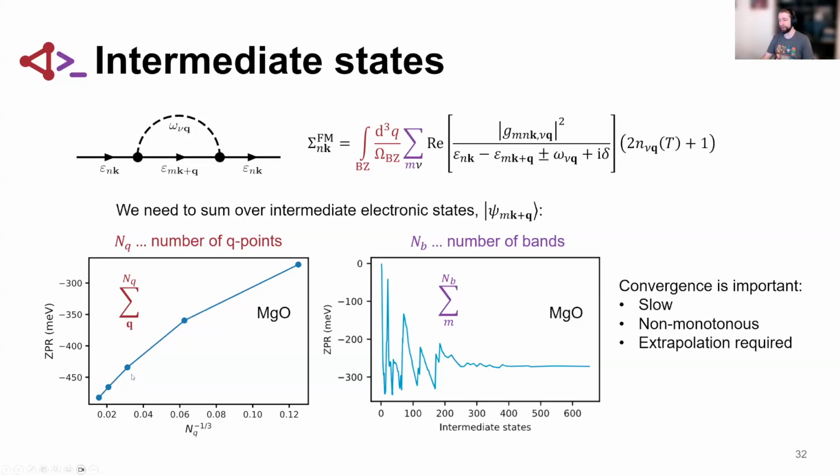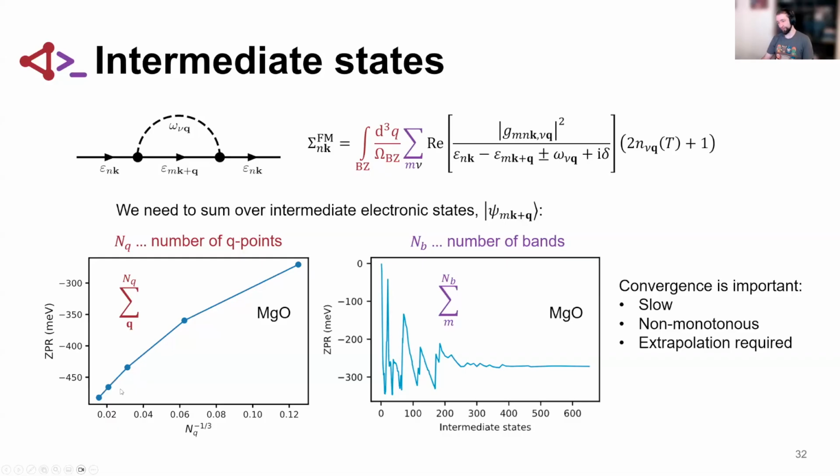This graph here shows the convergence of the zero-point renormalization of the band gap as a function of this q-point density. Essentially, as you increase your q-point density, you go to the left of this graph and you will get closer and closer to your actual ZPR value. If you go to infinity, it would really approach the axis and you would get the accurate result for an infinitely dense q-point mesh.